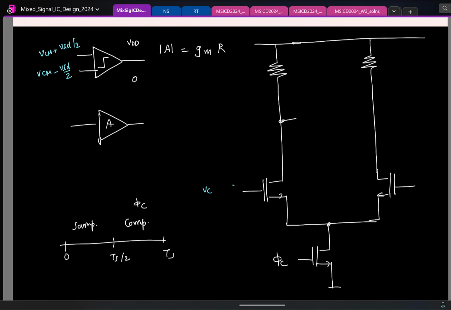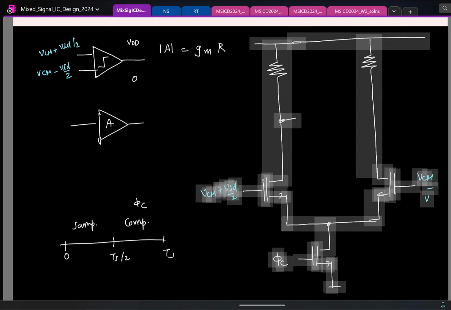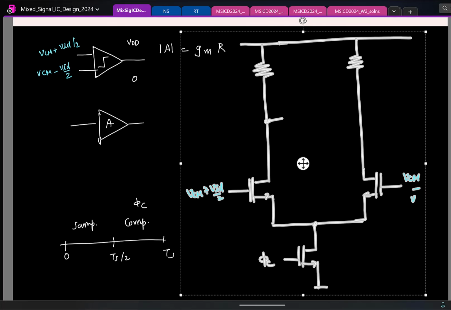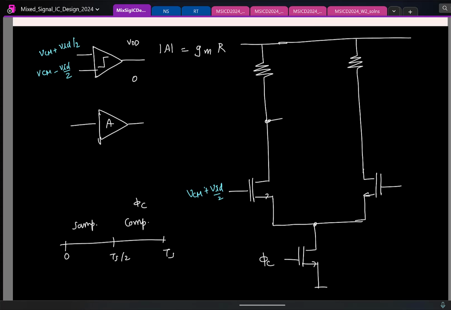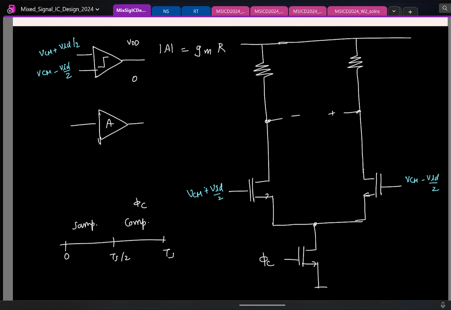So the inputs will be, I'll say, okay, I'll write it clearly, VCM plus the positive input, VCM minus it, and I define the output like this, right?